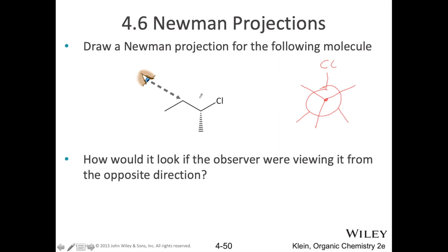So now think about what's been provided to you and how to draw it. Over here we have a methyl group. I could just draw it this way, but I could also write CH3 just to remind me that that's a methyl group. Likewise, for this methyl group over here, this bond is pointing away from you. Now, from that observer who's looking this way, is that methyl group on this person's left or right?